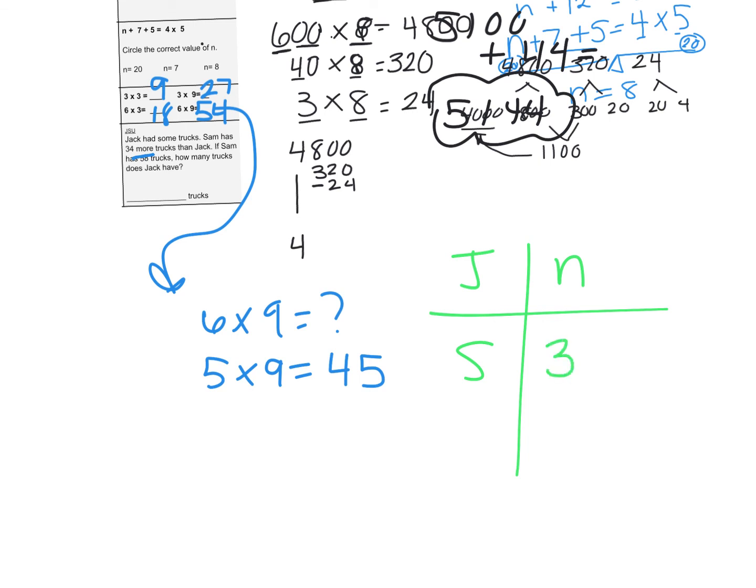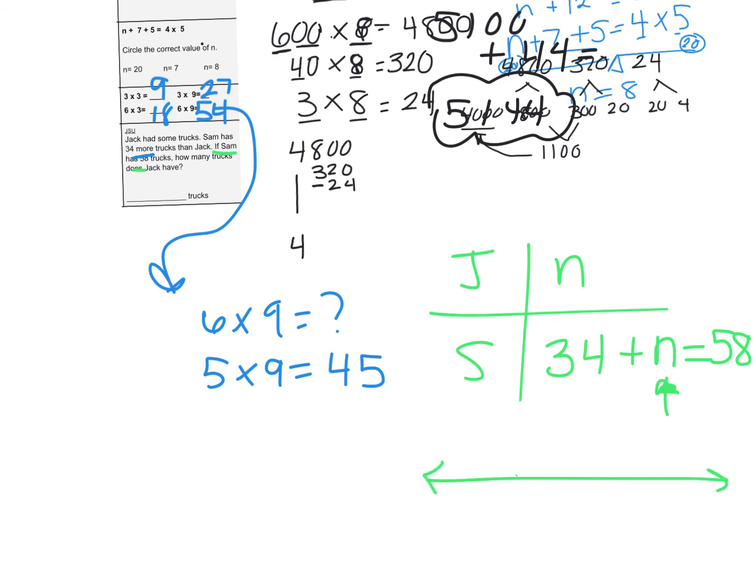So he has 34 more than Jack, than the unknown. If Sam has 58, so Sam's total is 58, then how many does Jack have? So now we can figure out that unknown. And we can either use a counting up strategy or a subtraction strategy.